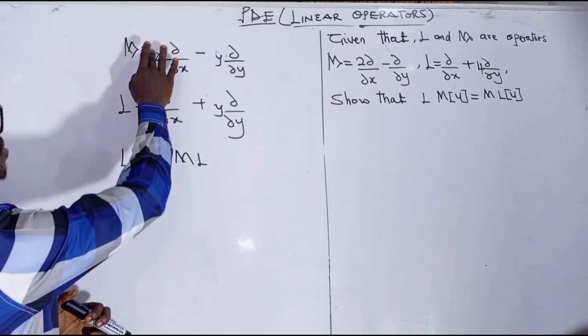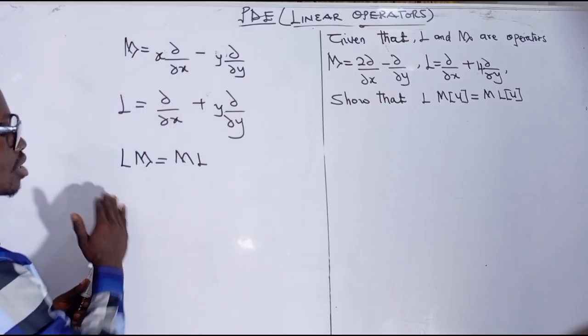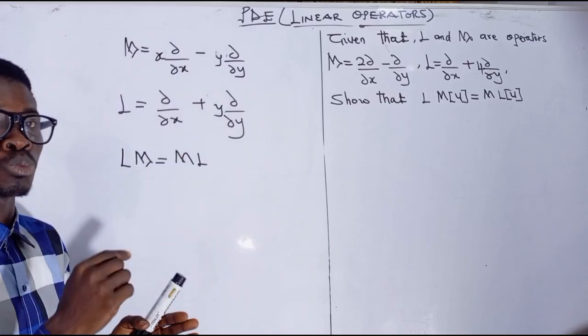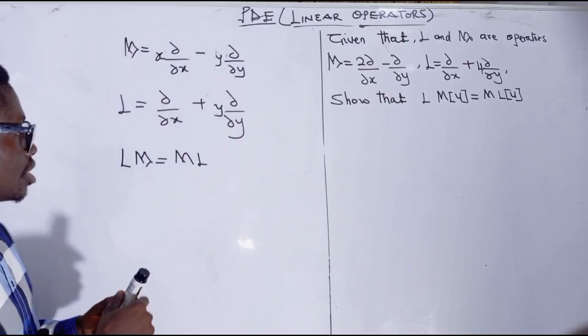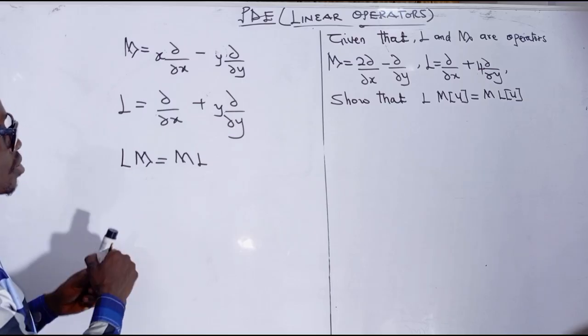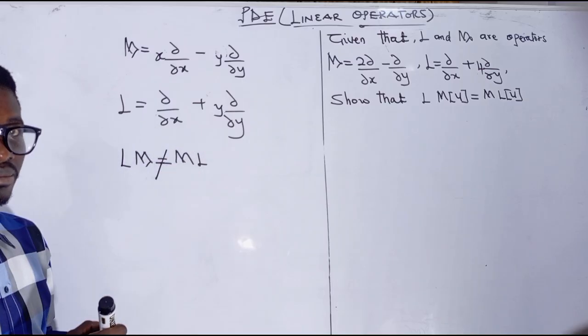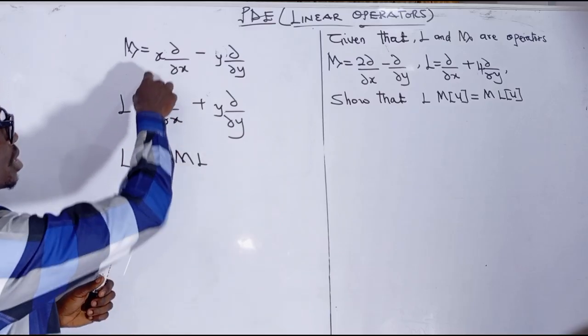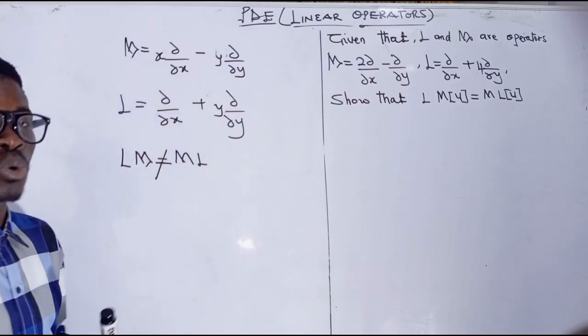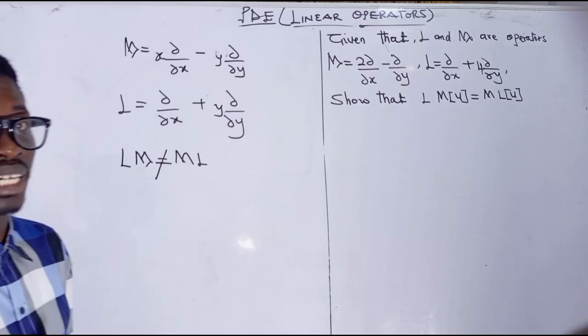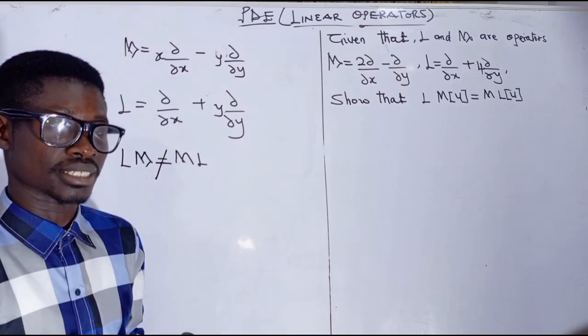And when they have variable coefficients, the commutative property of multiplication will not hold. So operating L on M will not be the same as operating M on L when the operators have variable coefficients. And that is what we want to look at in today's lesson.